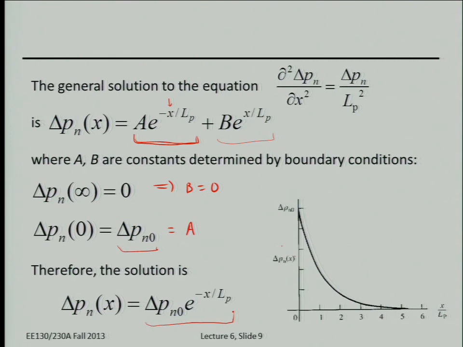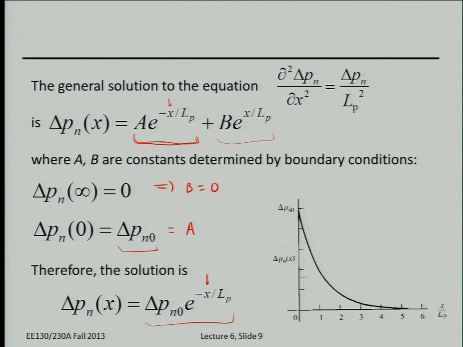So at x equals L_p, if you go one diffusion length into the semiconductor, what will be the value? What is 1 over e? Roughly 1 over 3, so a little over 30%.